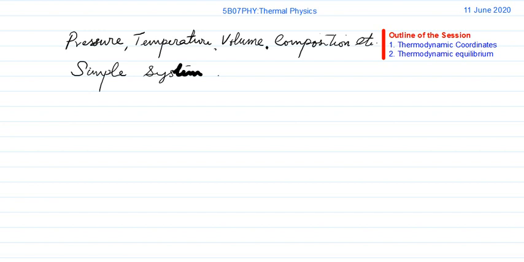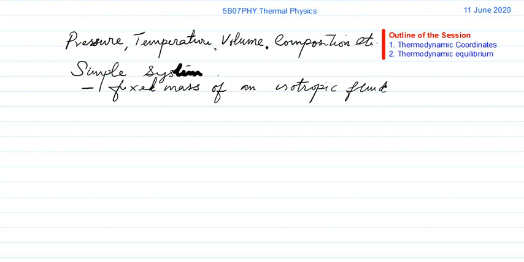So the simplest of the thermodynamic systems consists of a fixed mass of an isotropic fluid. What is meant by an isotropic fluid? A fluid means either liquid or gas, whose properties remain the same in any direction or everywhere inside the system. That is known as an isotropic fluid.